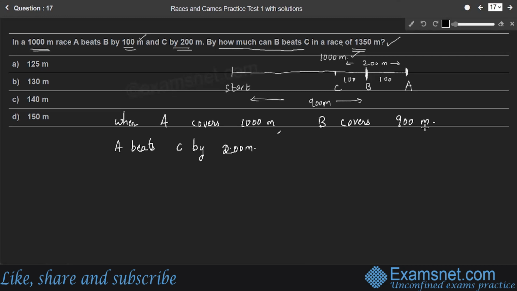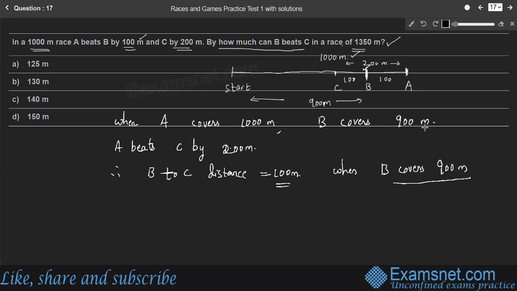Therefore, the B to C distance is equal to 100 meter when B covers 900 meters. So only at that point, the B to C distance will be 100 meters.